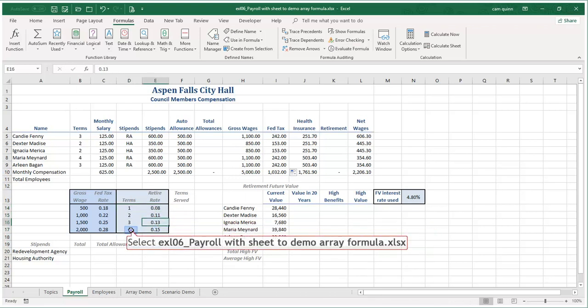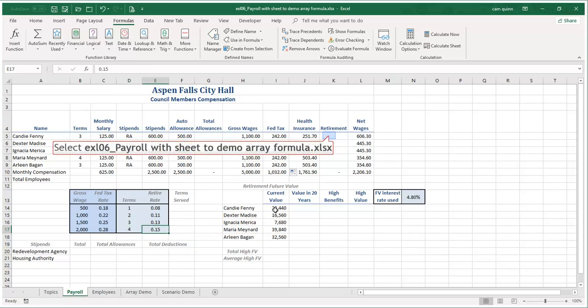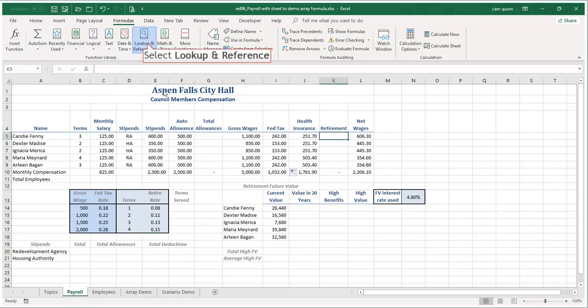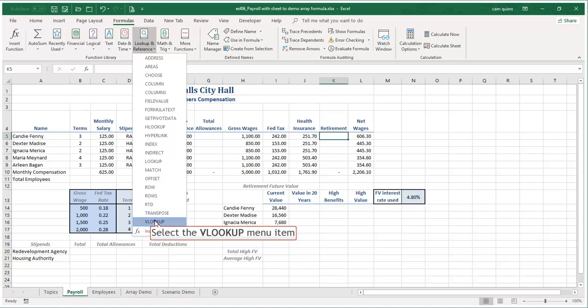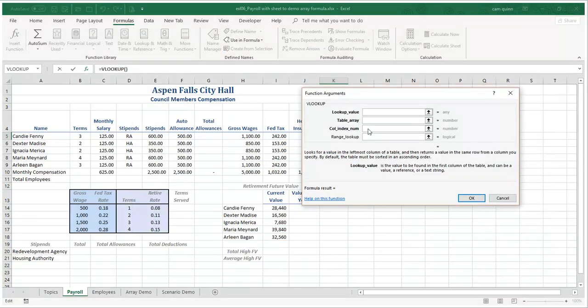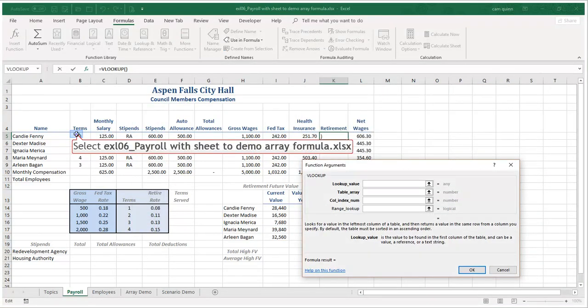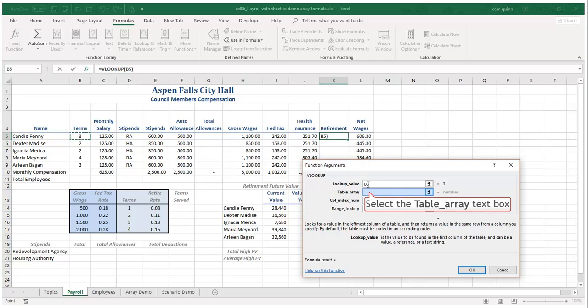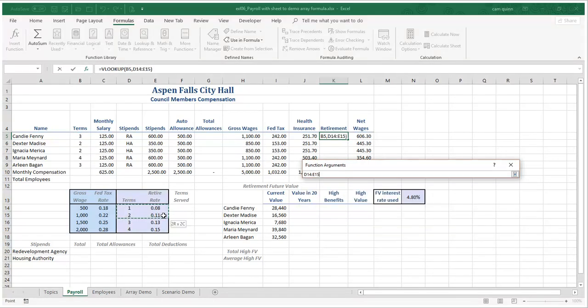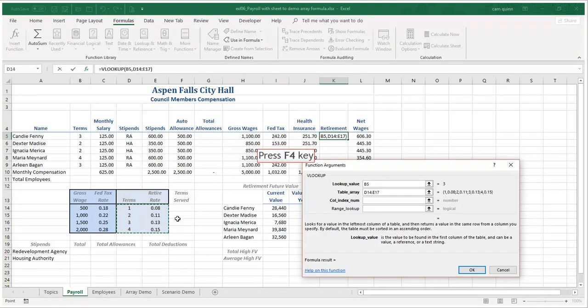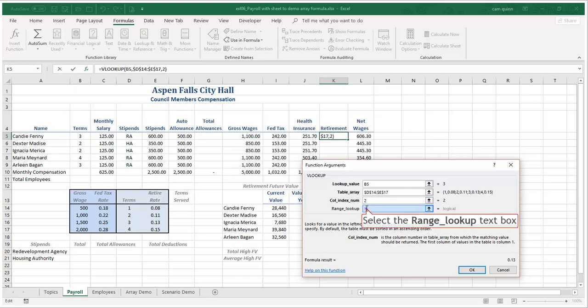Okay, so I'm going to do the same thing. I'm going to go to lookup and reference, VLOOKUP. What am I looking up? Well, I'm looking up their term. Where am I looking it up? I'm looking it up in that table, and I'm going to hit F4 to make that absolute. When I find the correct one, I'm going to hit column 2, but this one here is an exact match, so I'm going to type in false.